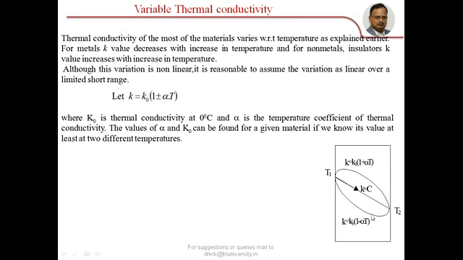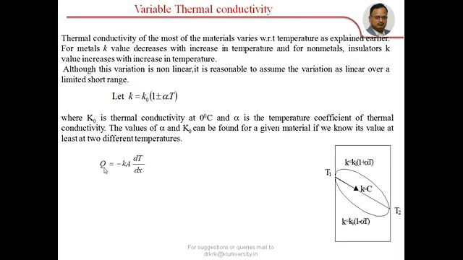If you consider metals and liquids, where you have K equal to K naught into 1 minus alpha T, the temperature variation is concave in nature. Very important, because you will get a quadratic expression for this.